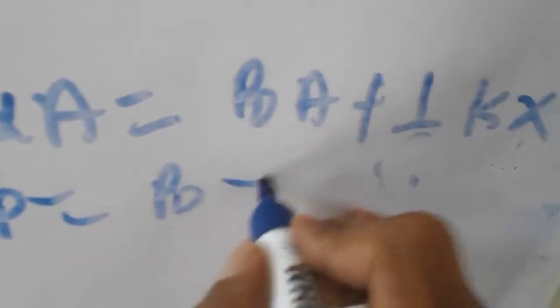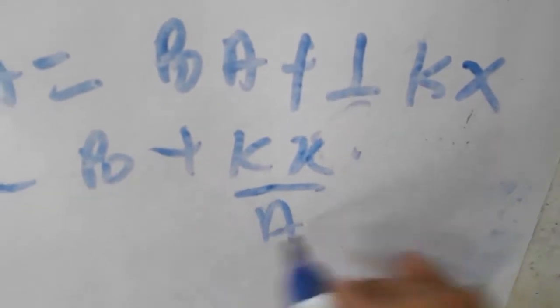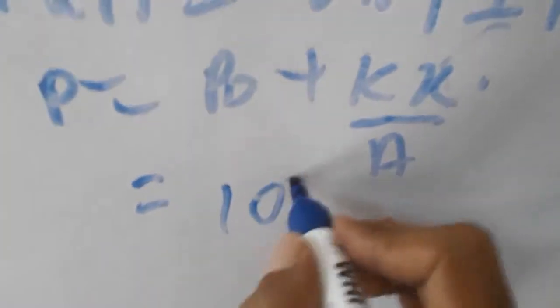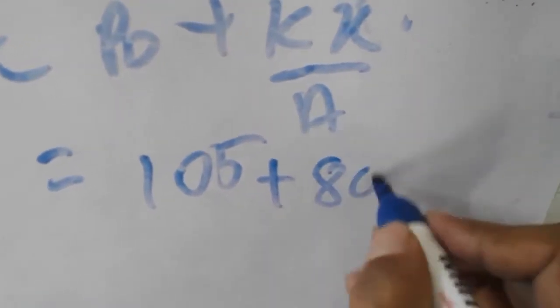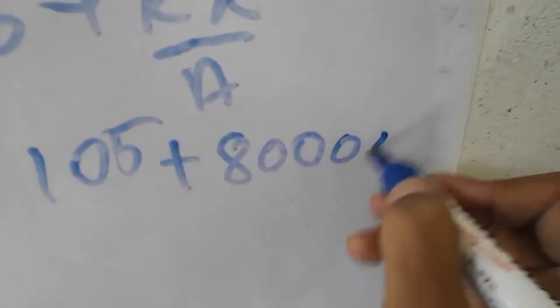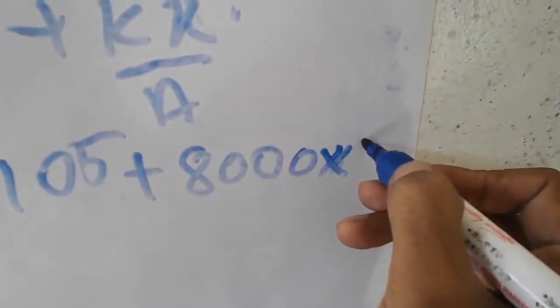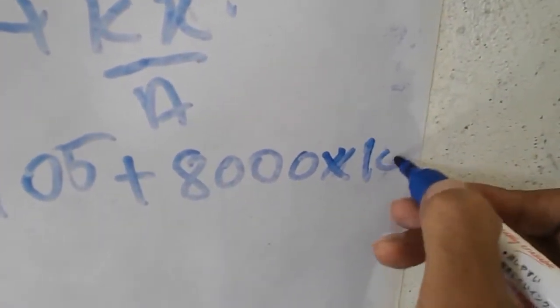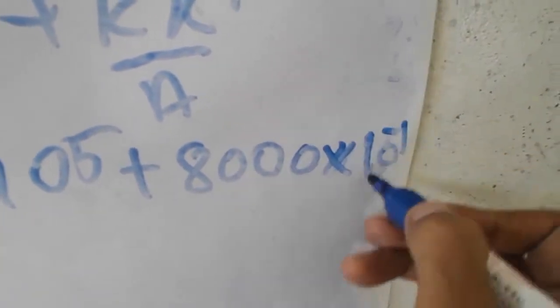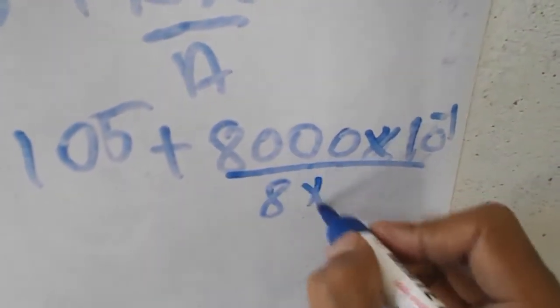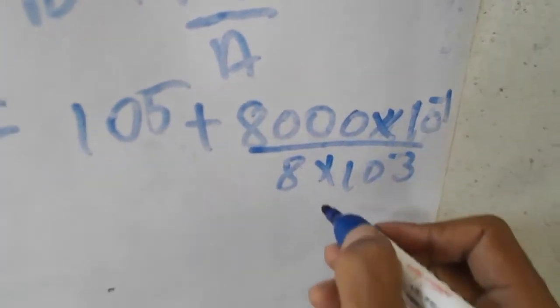If you look at it very carefully, P is equal to P naught plus K x by A. P naught is 10 to the power 5, plus K is 8000 into 10 to the power minus 1 divided by 8 into 10 to the power minus 3. So you get 10 to the power 5 plus 10 to the power 5, so the final pressure is 2 into 10 to the power 5.